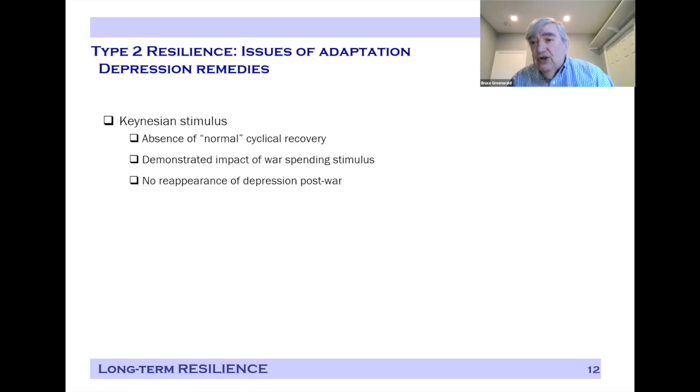But again, if you're a good Keynesian, there should have been a depression reappearing after the war. And it didn't happen anywhere in the world that participated in the war, even though the infrastructure in many of these countries was devastated. So I think that in addition to the Keynesian view of what happened to get us out of the Depression, you've got to understand the structural adjustment that took place because of the war. It's not simply a Keynesian story.